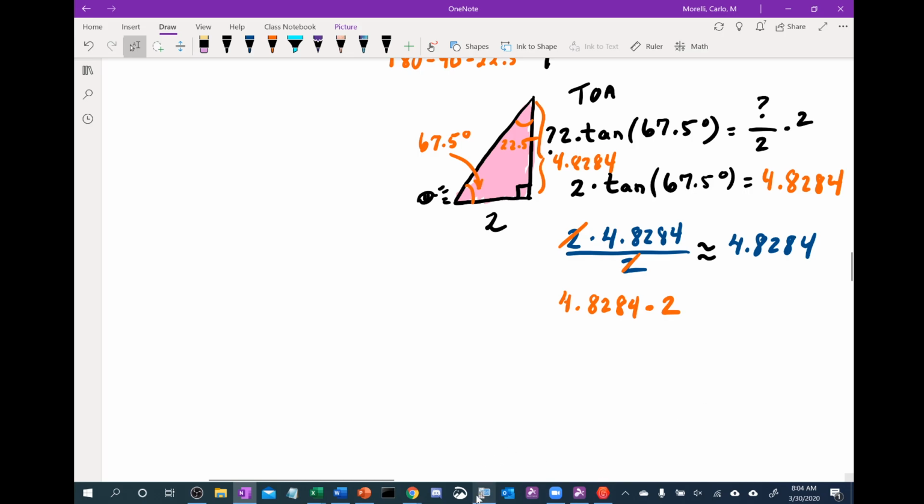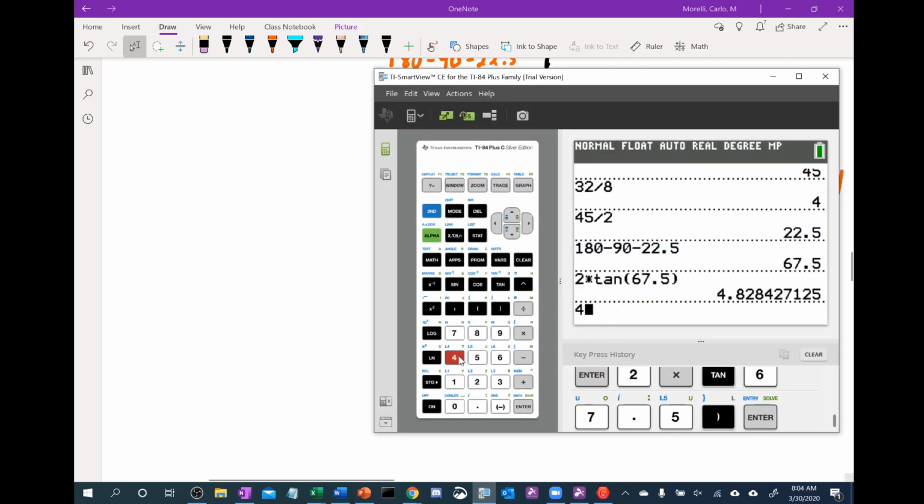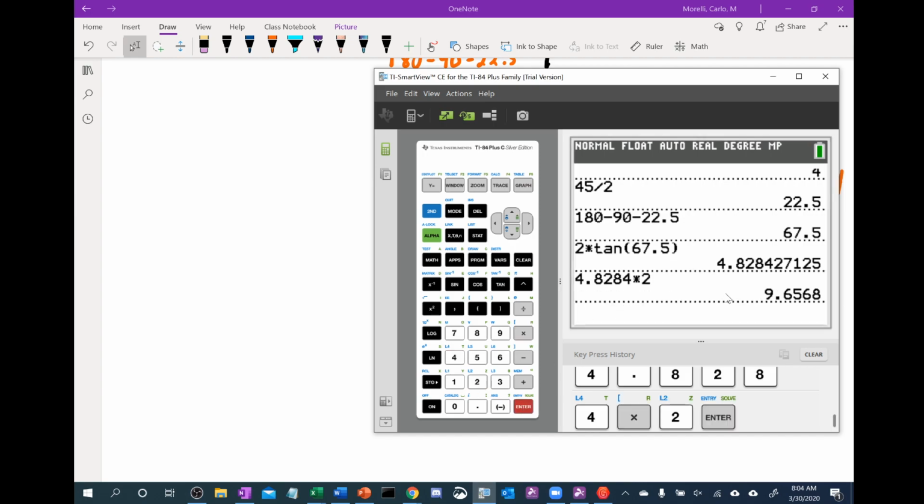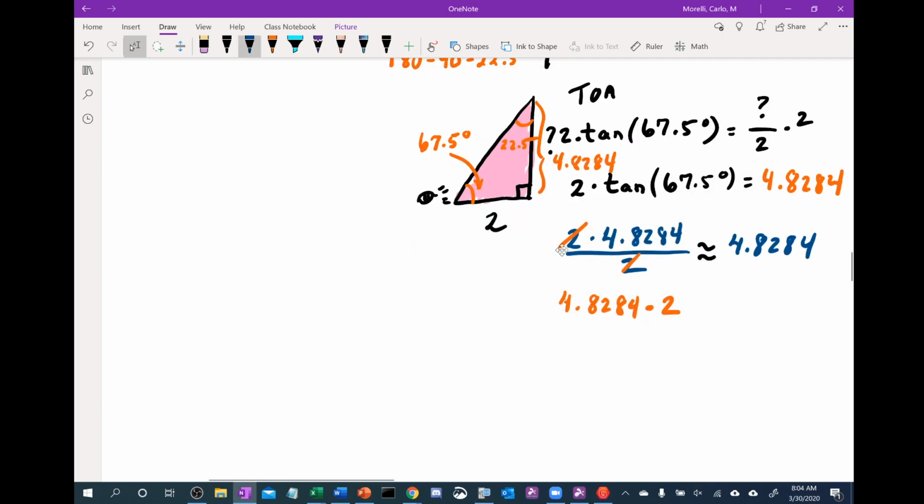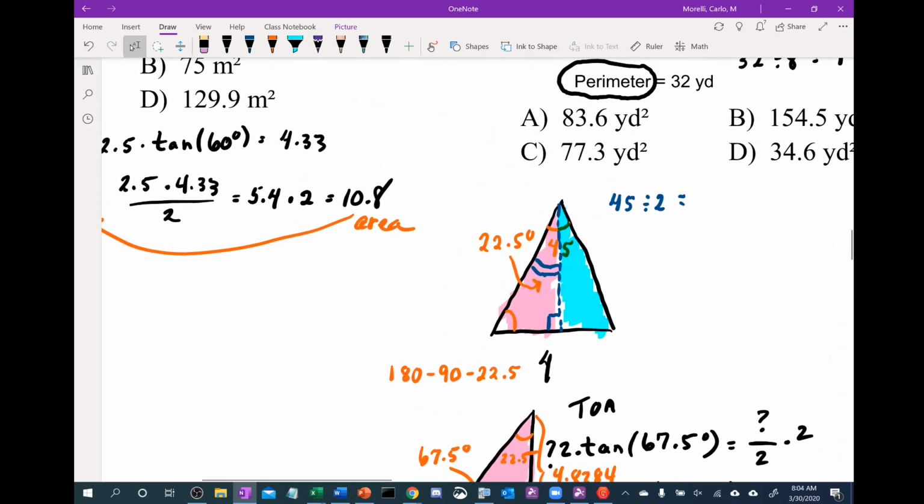Back to the calculator. 4.8284 times 2. 9.6568. Okay. I already forgot it. 6568. That is the area of this total triangle.